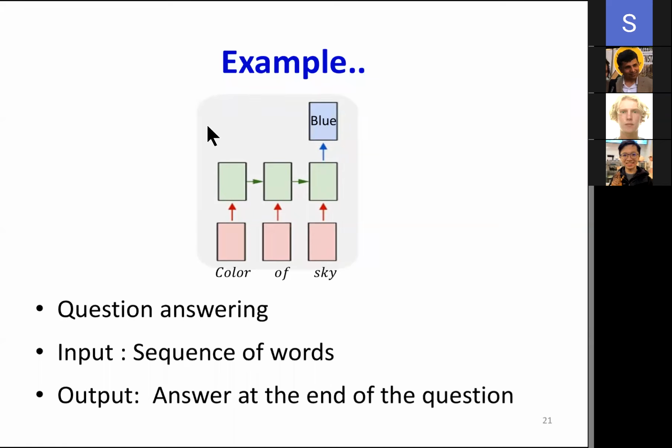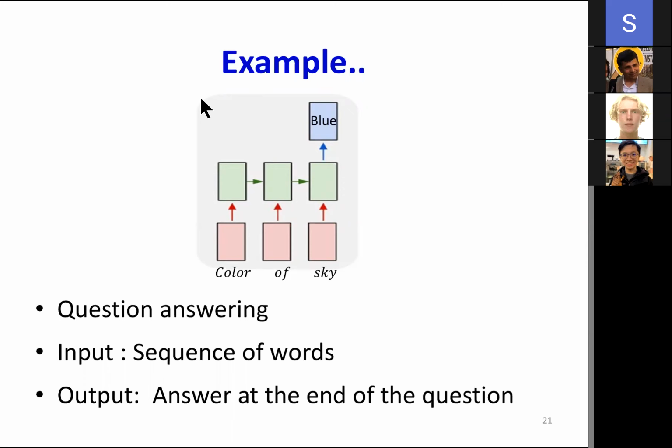Or if you are performing question answering, you analyze the entire sequence of incoming words, and only at the end of it can you decide what the answer is. So, color of sky, you have to see the word sky before you come up with blue, because it could as well have been color of milk. So you have to see the entire input before producing an output.